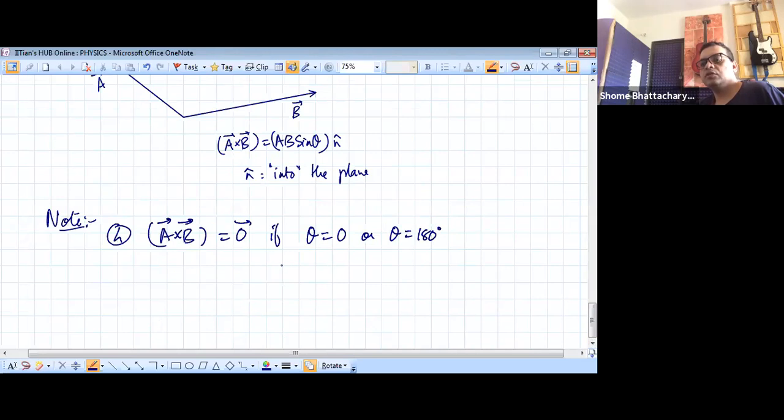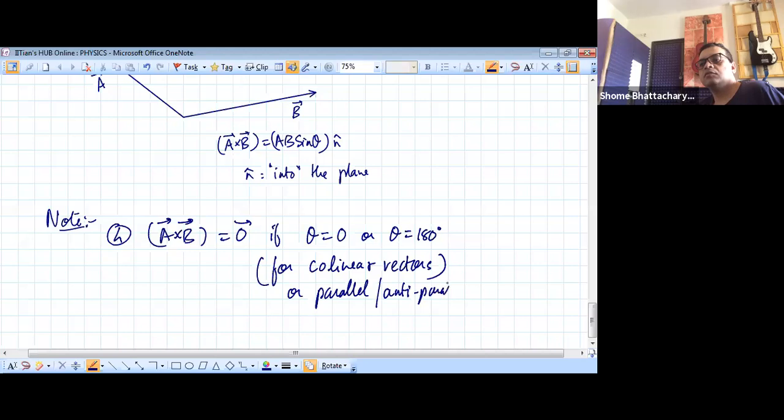That is for collinear vectors, that is vectors which are lying along a straight line, or parallel or anti-parallel vectors.